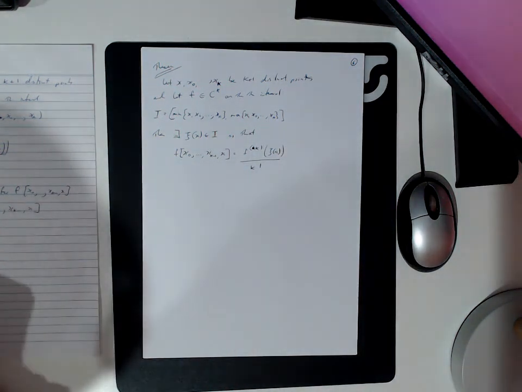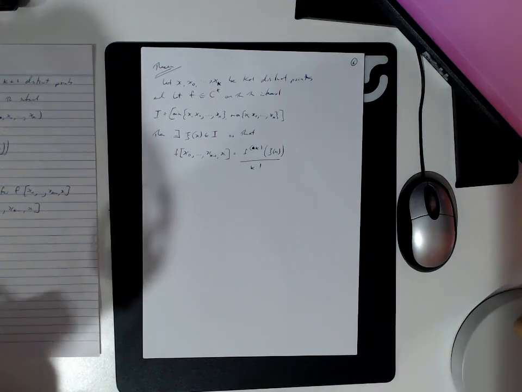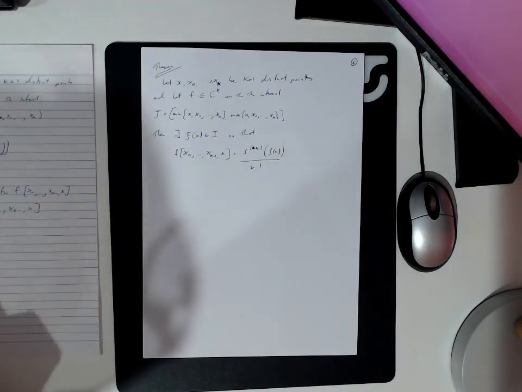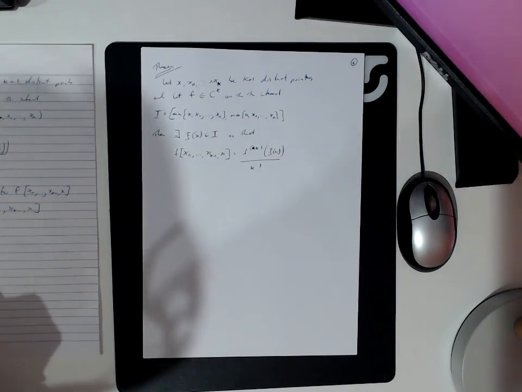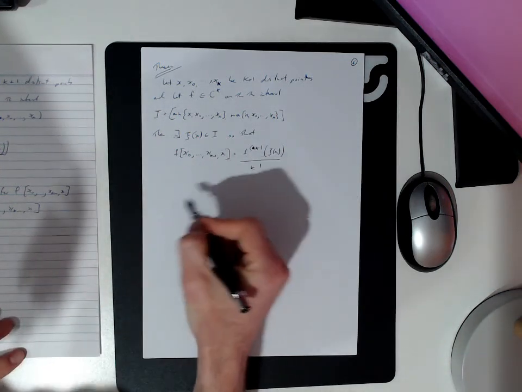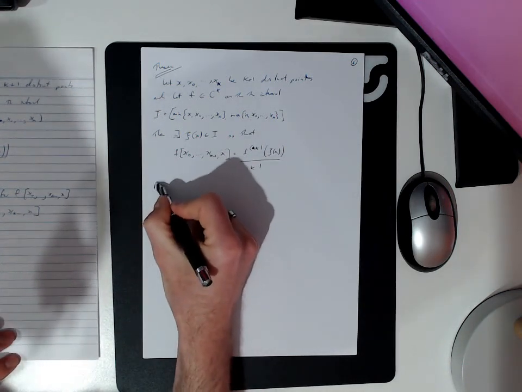So this says that finite differences are derivatives, approximately, and that should be expected because the coefficients of a polynomial are related to the derivatives of the polynomial evaluated at certain points. So not unexpected. It's a generalization of the mean value theorem.